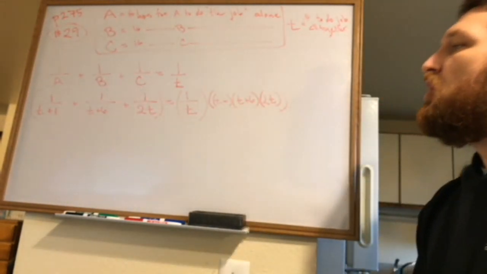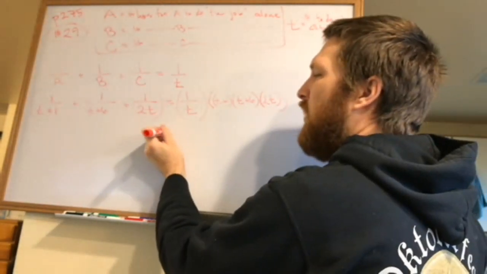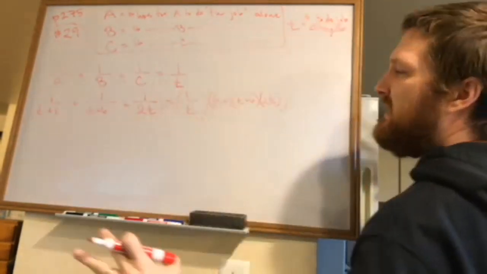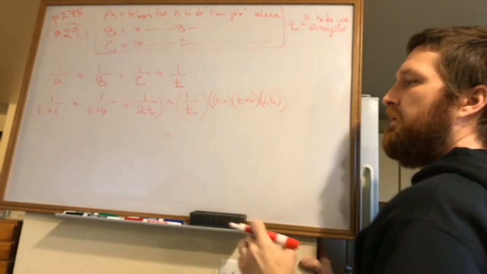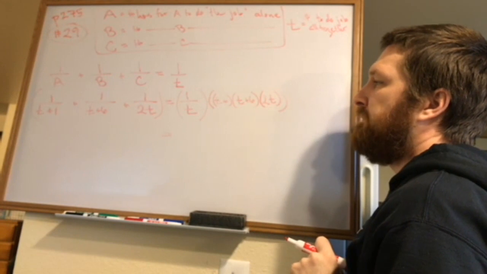Okay. Right. So let's do the right-hand side first, because this should be easy. What is left over after we multiply these together? One second, I'm writing it out. All right.